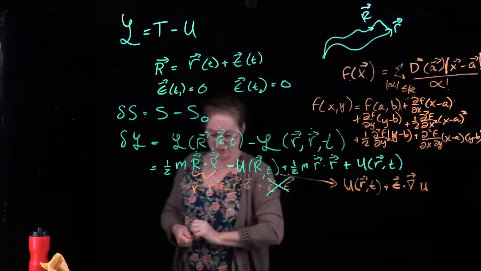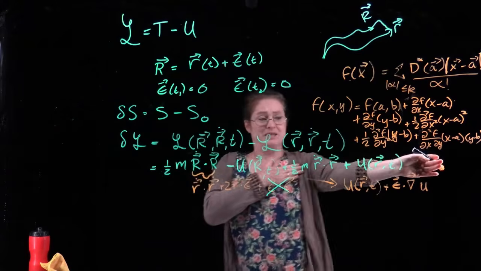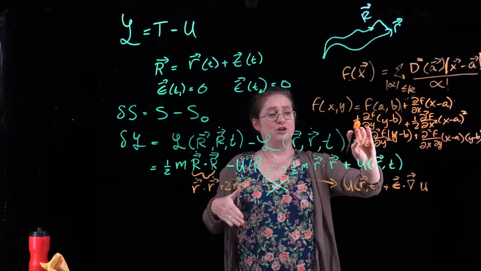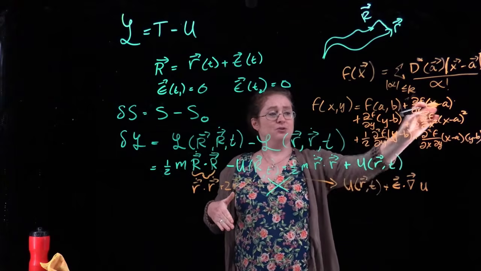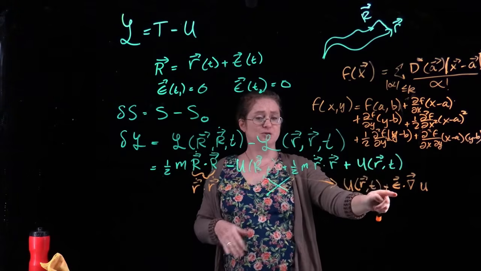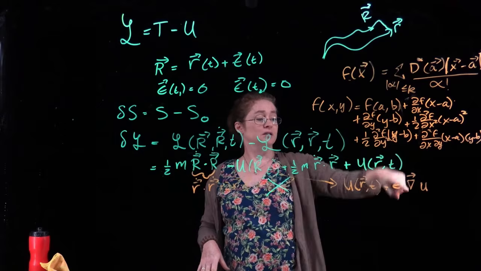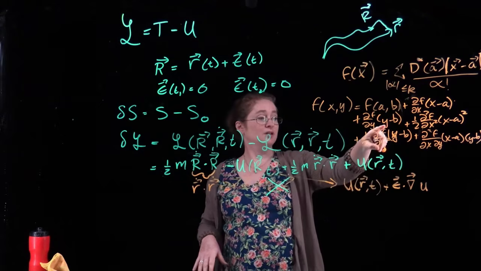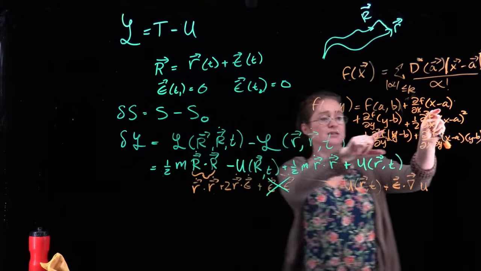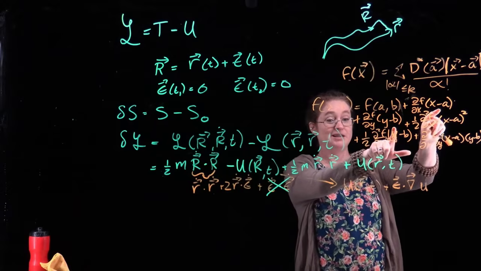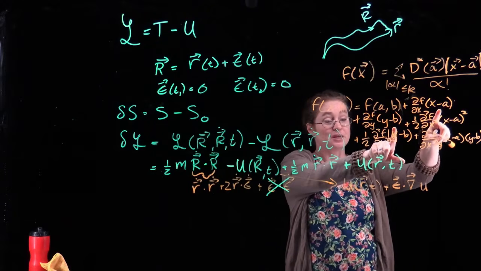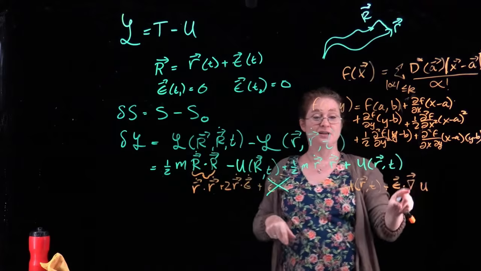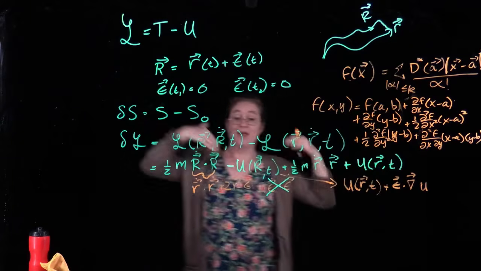Okay, so I can do this, and the first term, if you look here, turns out to be the difference. This is your epsilon, the displacement from the equilibrium position, dotted with the gradient of u.